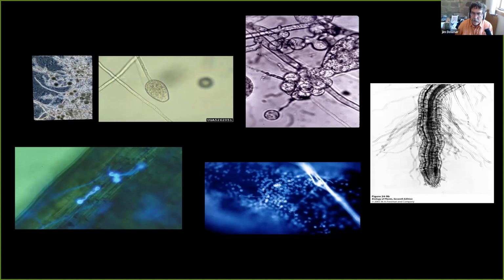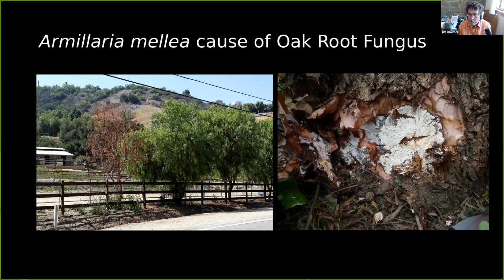So the other big organism we have in California and throughout the United States is oak root fungus or Armillaria. Most of the time it's Armillaria mellea, but in other higher elevations, it could be Armillaria ostoyae or various other species.